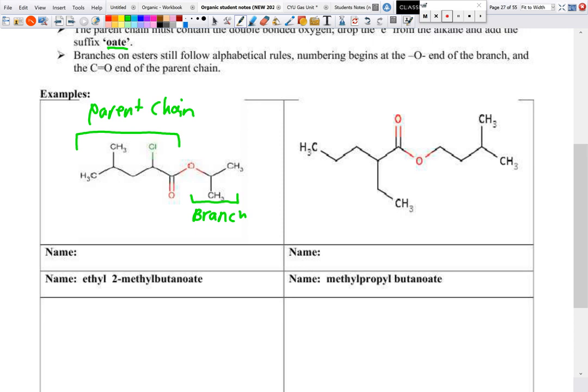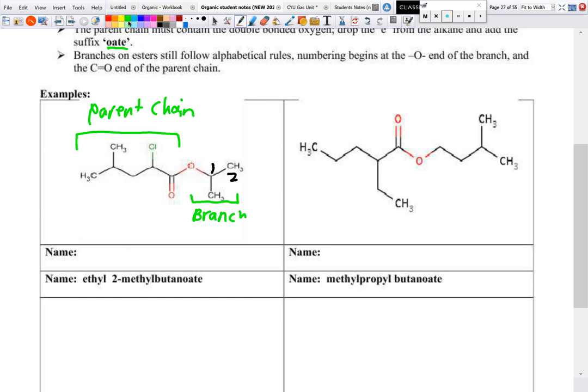With regards to our branches, we are going to name them like normal. We've still found our longest continuous carbon chain. Carbon 1 needs to be the one attached to the oxygen. So we go carbon 1 right here, and then I can either go right or go down to get carbon 2. So there's my longest continuous carbon chain.